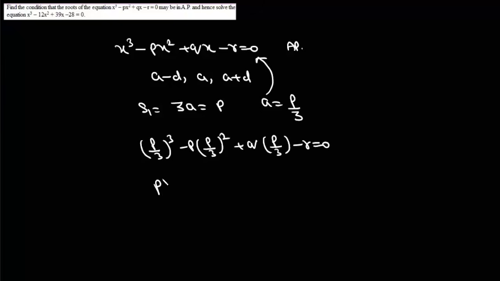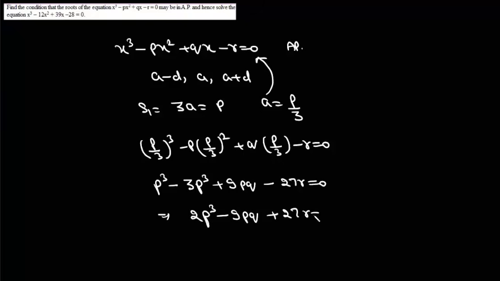Now we can write this as p cube minus 3p cube plus 9pq minus 27r equals 0, or we can write this as 2p cube minus 9pq plus 27r equals 0. So if roots are in AP, then the condition is 2p cube minus 9pq plus 27r must be equal to 0.